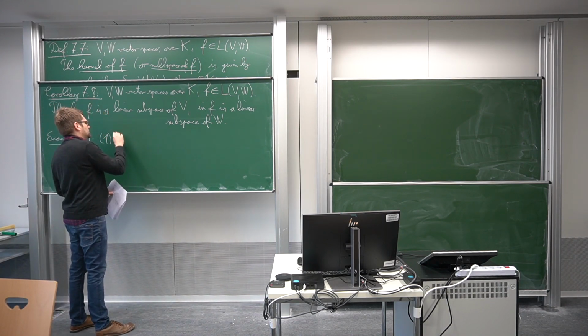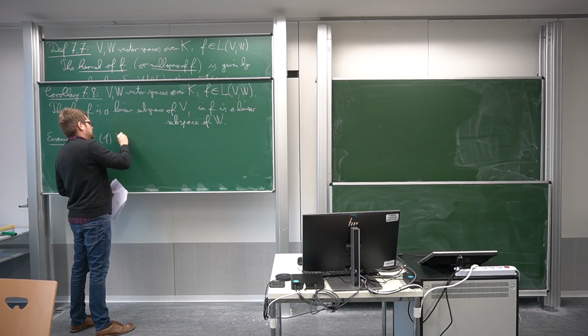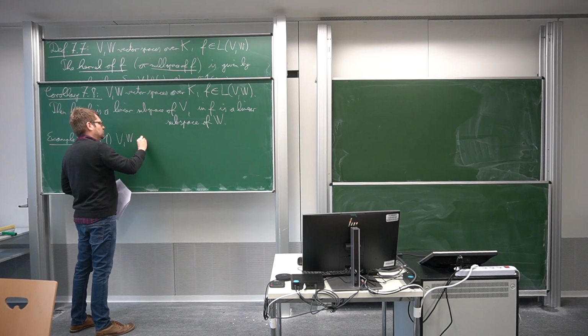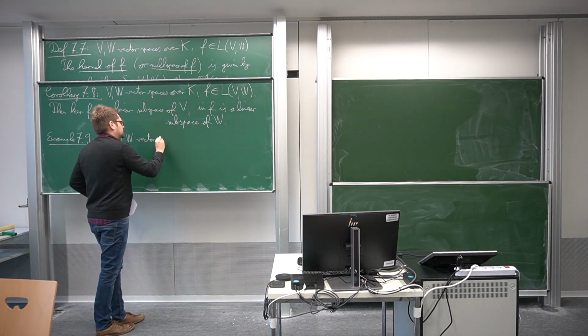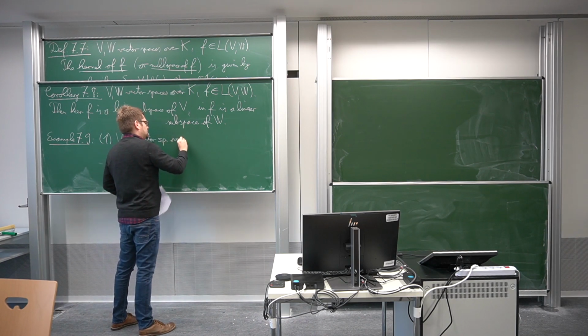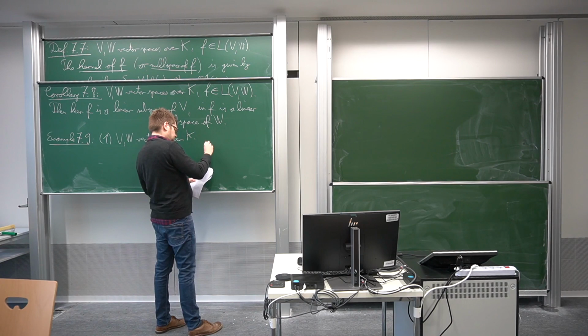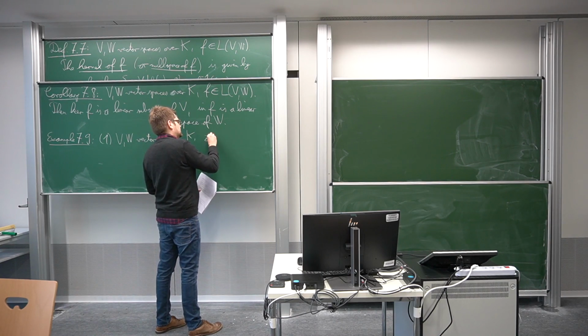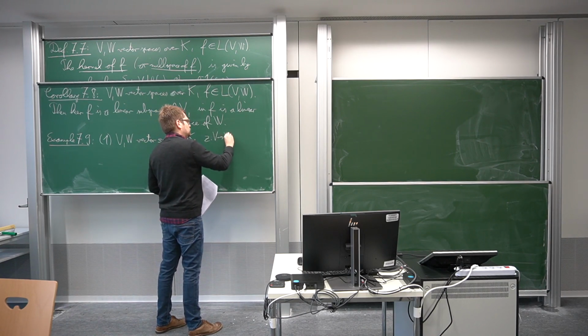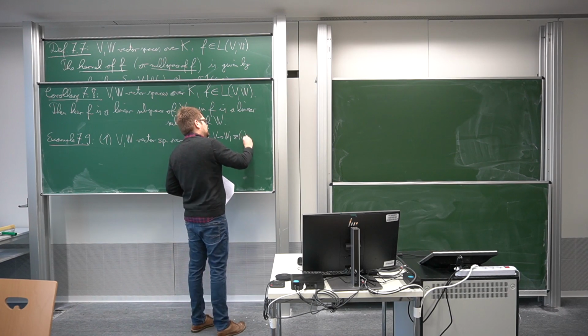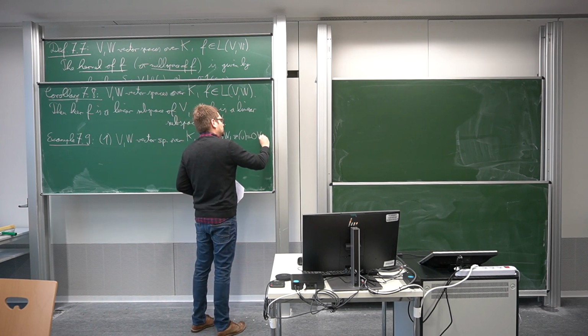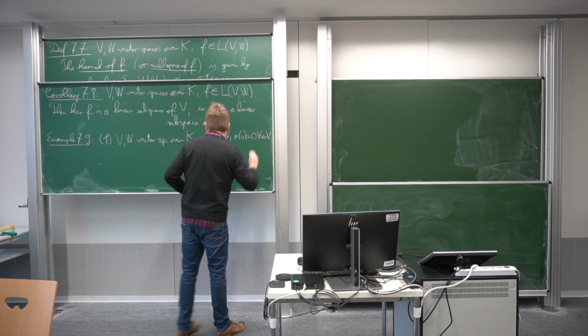V and W vector spaces over K. Then we take again the zero map Z going from V to W, Z of v is equal to 0 for all v in V.